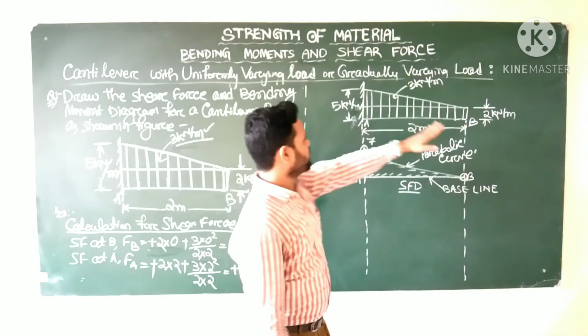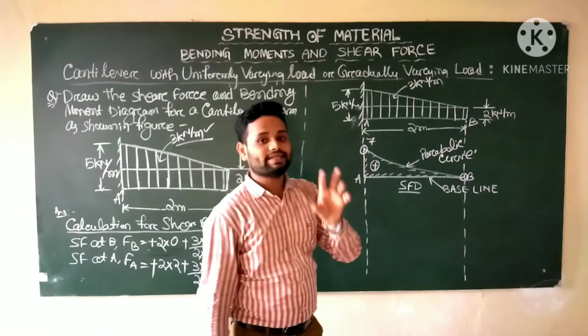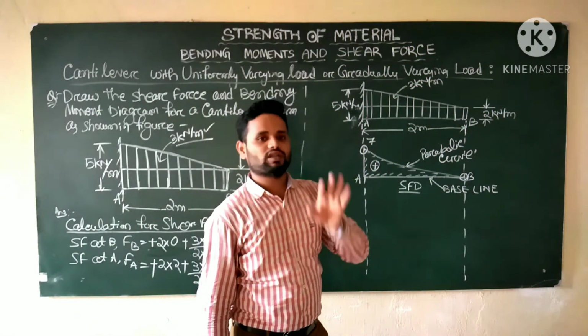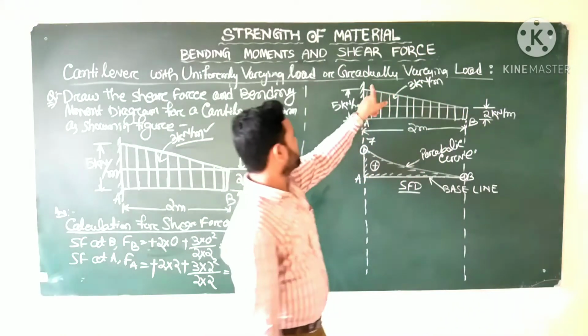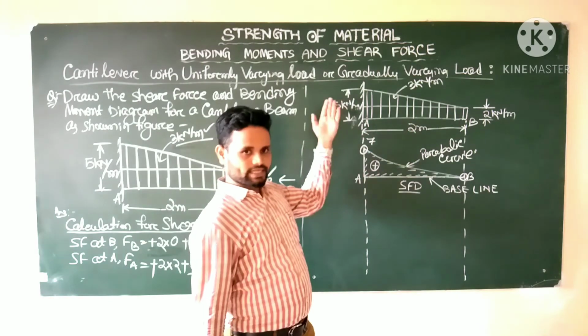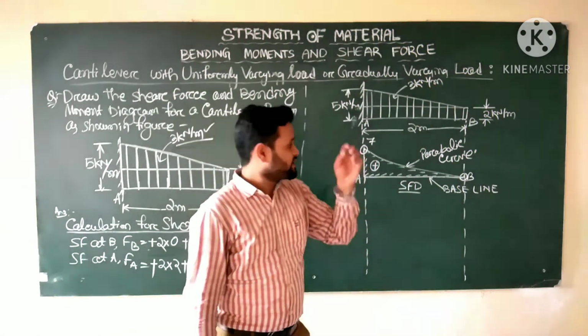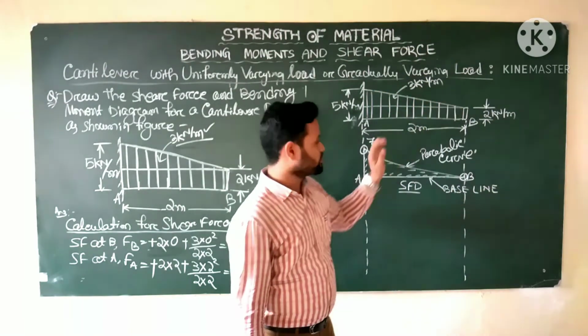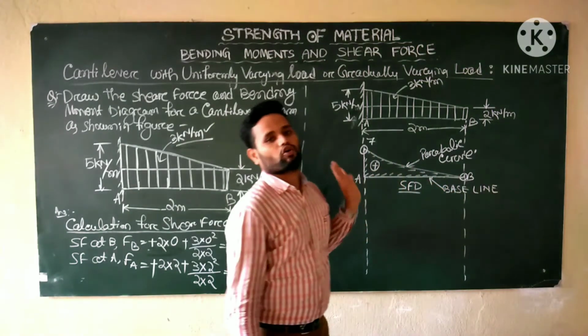If the value is gradually increasing or gradually decreasing, then we can say it is a uniformly varying load or gradually varying load. Here, as the value from B to the value at A gradually increases, we will consider the total load as a uniformly varying load, and as it is a uniformly varying load, we will draw the shear force diagram like that. It is a parabolic curve.